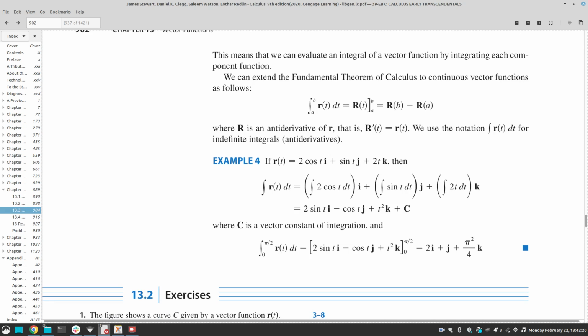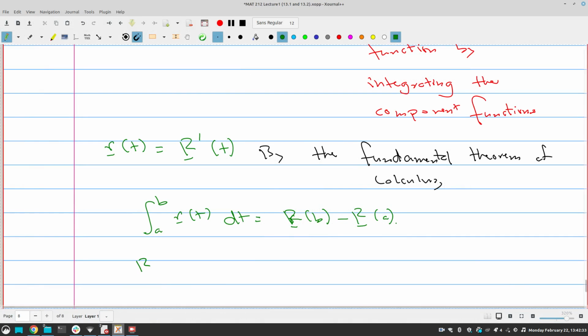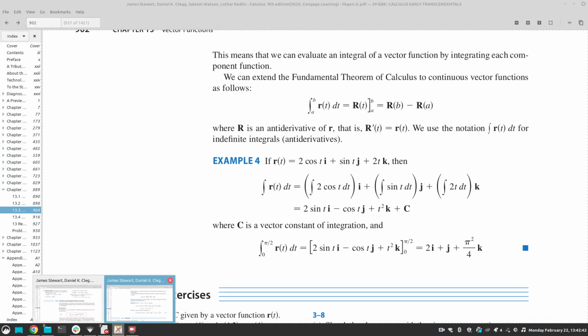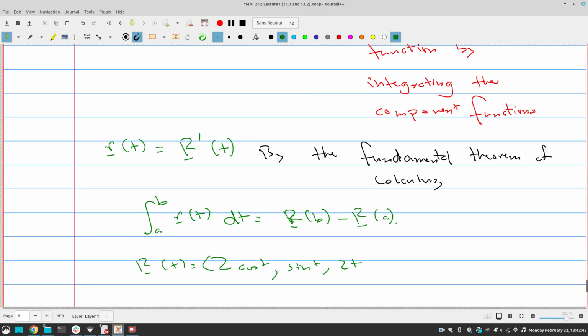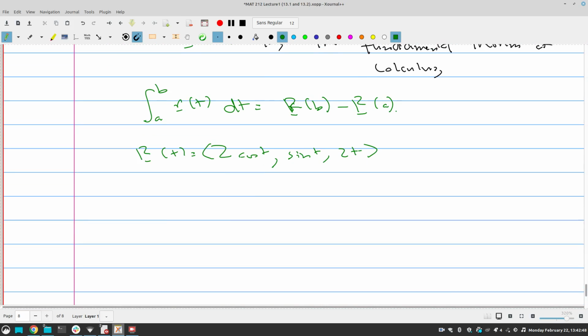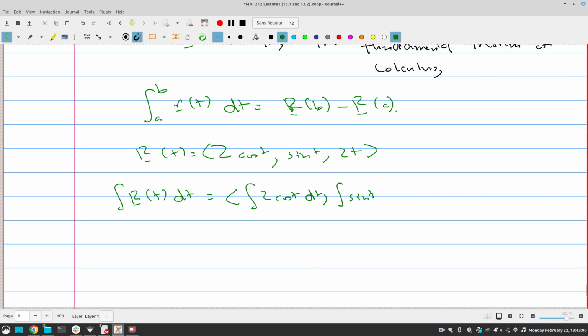Then of course there's an example. If r of t equals 2 cos t i plus sin t j plus 2t k, and you want to integrate this, you have 2 cos t dt, then sin t dt, and 2t dt.